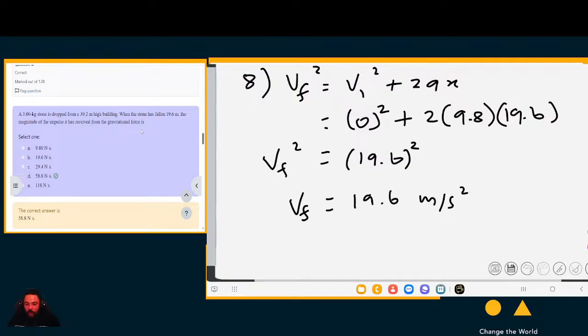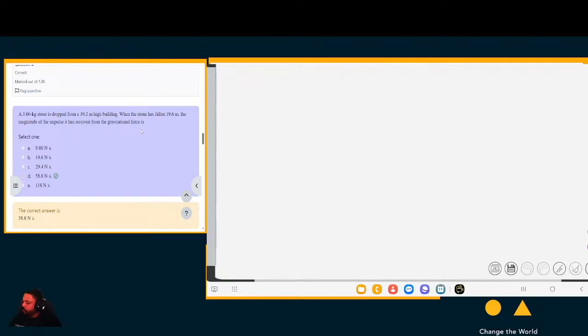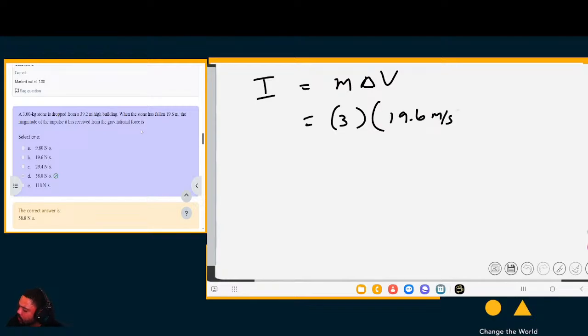Now we have learned that impulse is the change in momentum, equal to mass times the change in velocity. We have the mass. It is a 3 kilogram stone. It's a heavy stone, quite. And then we have the change in velocity. Its final velocity is 19.6 meters per second, while its initial velocity is 0 meters per second. It's dropped.